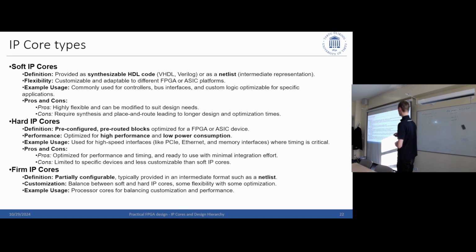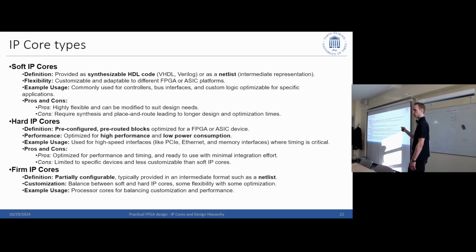Now the IP core types, which is a lot of text, so you have the definitions together. Basically there are three types, though the last one is a mix, so technically you have two and anything in between. A soft IP core is basically at HDL level, the description level, or as a netlist, so you have the design and you can access and change it.